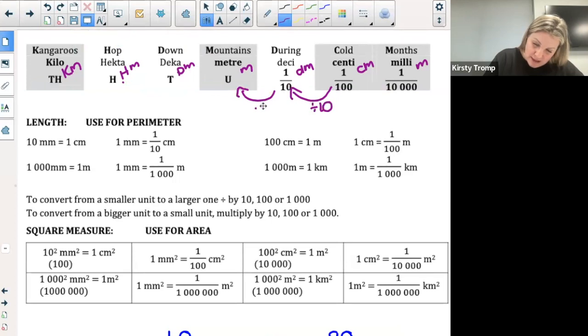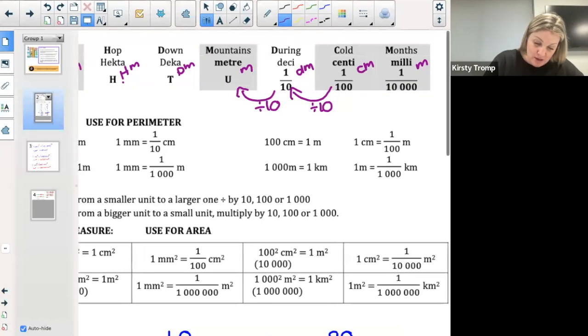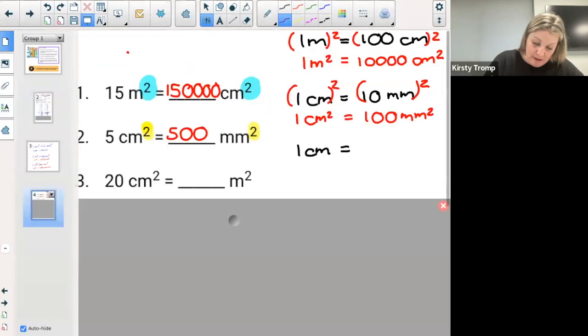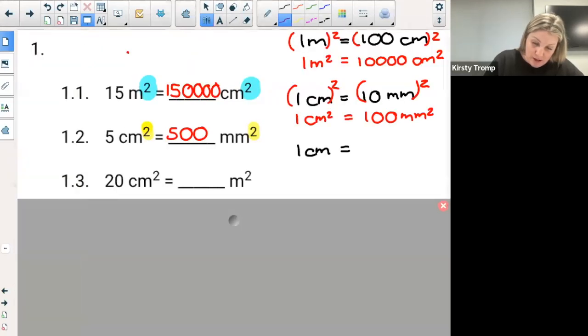What am I doing, guys? I'm dividing by 100. So 1 centimeter is going to be equal to 1 over 100 meters.